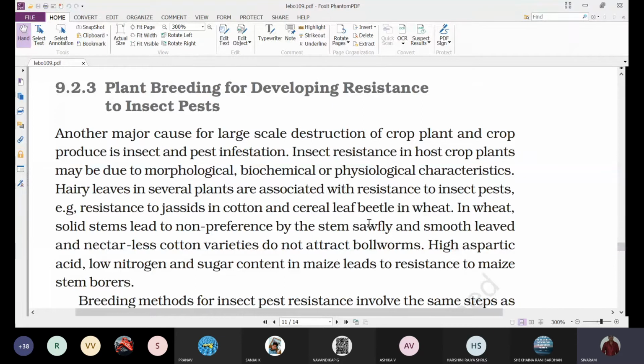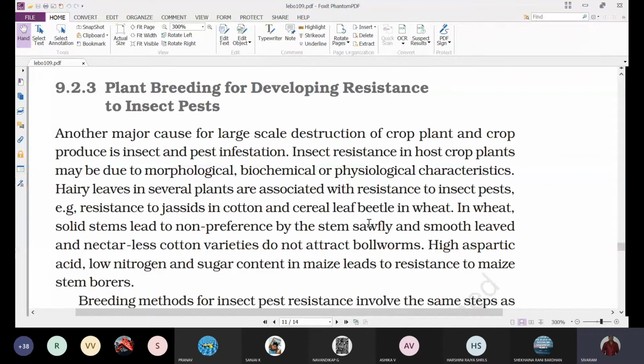When the crop is growing, and also when we store or preserve the crop produce, in both periods the plant or the product might get damaged by these insects or pests. In this way the farmer is losing the produce.